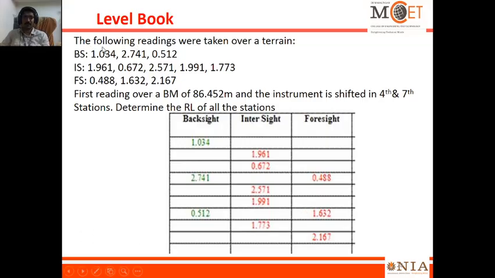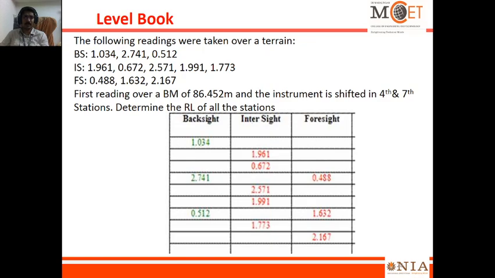See, the first reading is the backsight, 1.034. Here 2.741, 0.52 was written in this way. How is it possible? If there is a backsight, then only after the change of the instrument will a new backsight come, right?